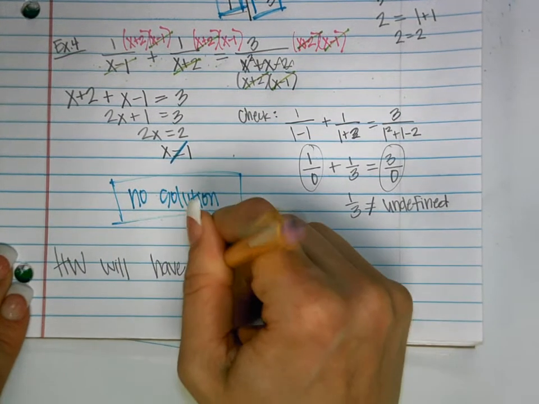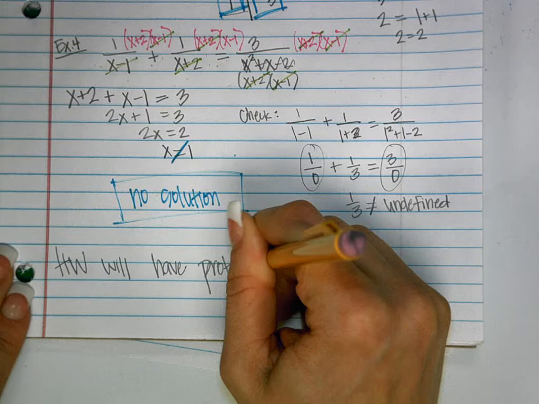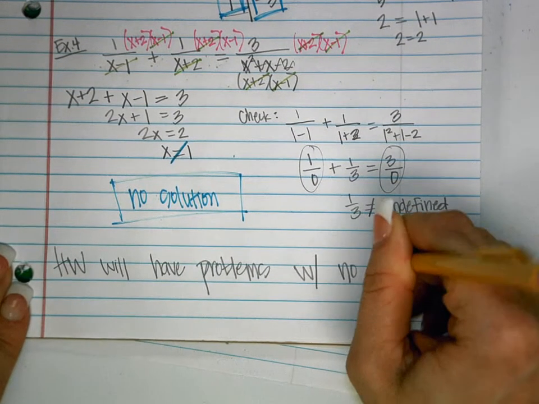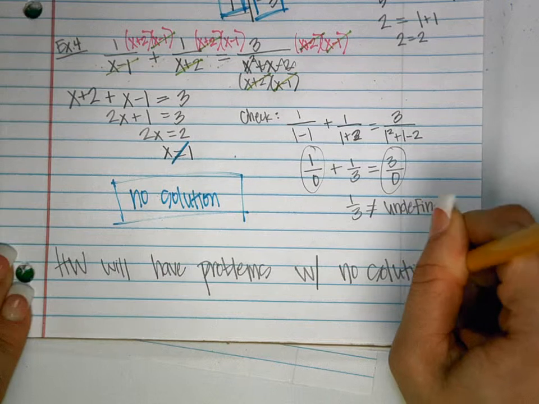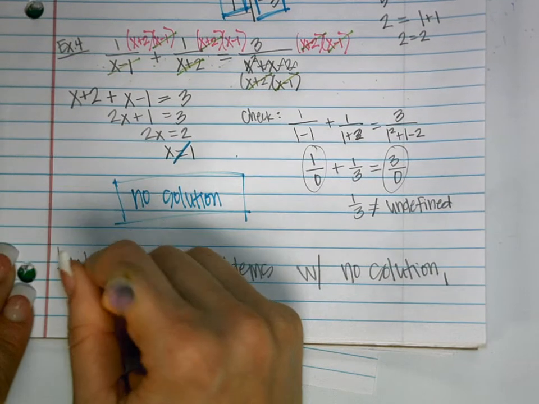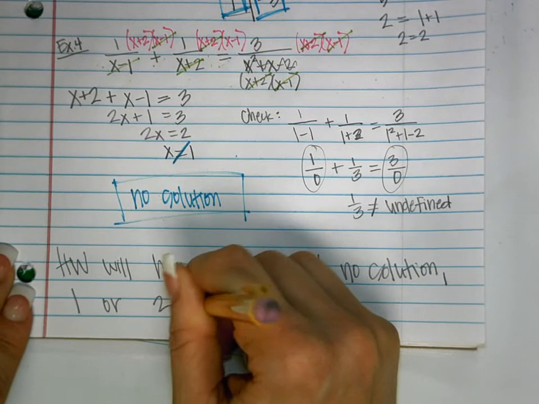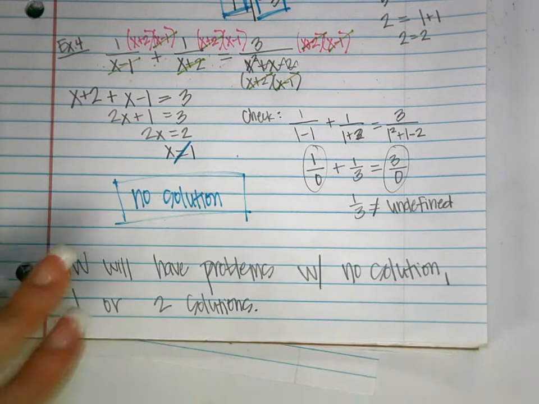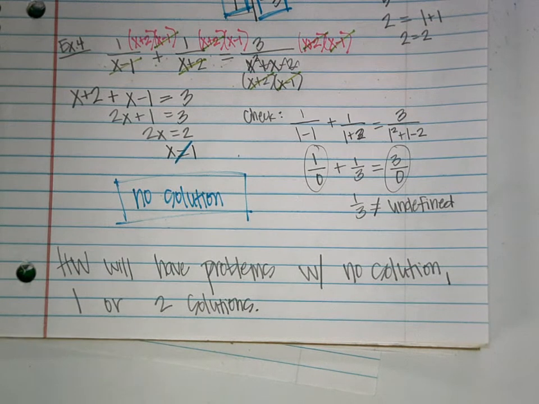Homework will have problems with no solution, 1 or 2 solutions. So make sure you're ready for something to have no solution, 1 number that works, or 2 numbers that work. Same thing on your test. I promise you there's going to be some just like that on your test.